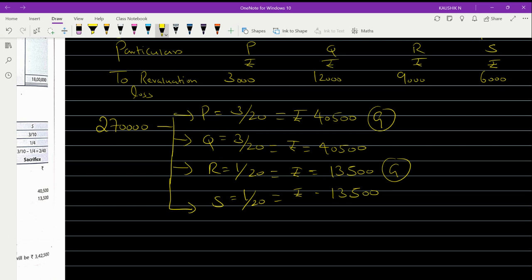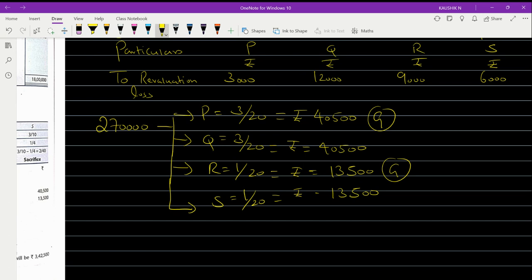Very good. Now the question does not ask to pass the journal entry, but still I'm asking you to do it so you remember it in your mind. If you forget that this entry also touches the partners' capital and you go wrong, then obviously the sum will not give you the right answer.